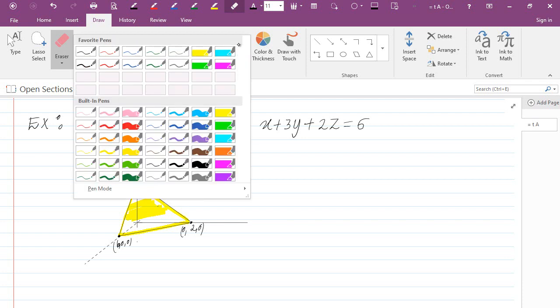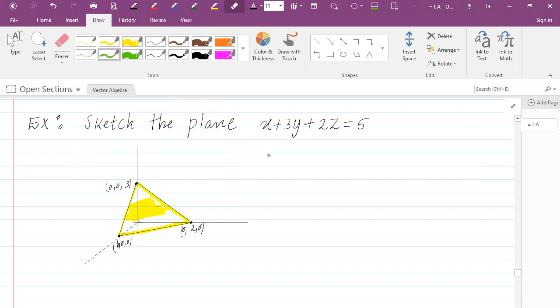Notice, what would be the x-intercept? The x-intercept of the plane is the point where the plane passes through the x-axis. So the x-intercept is a point on the x-axis, so the y and z coordinates of the x-intercept would be 0.